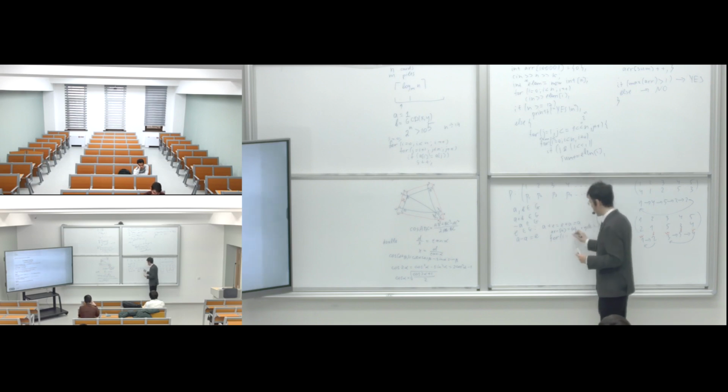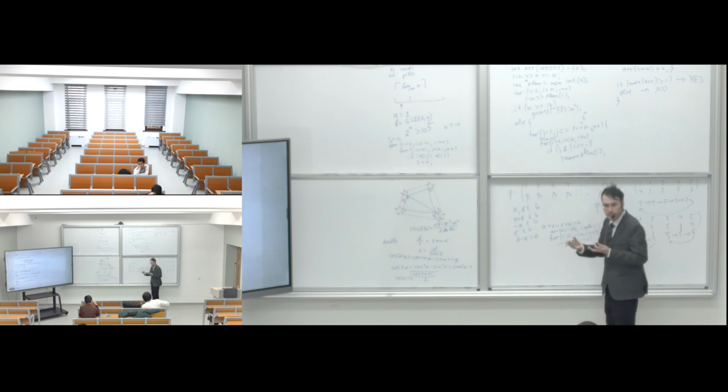Now for i from 0 to n, i plus plus. So if array of i is greater than 0, then we already marked. So this element is already in some cycle, yes? So we continue. We skip.